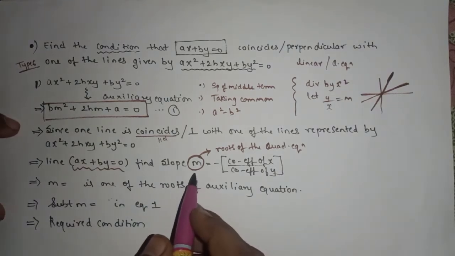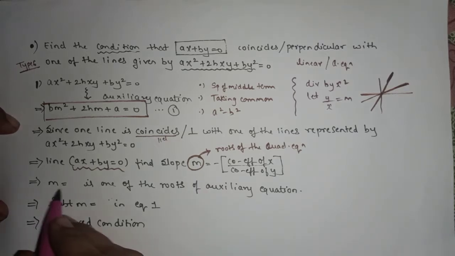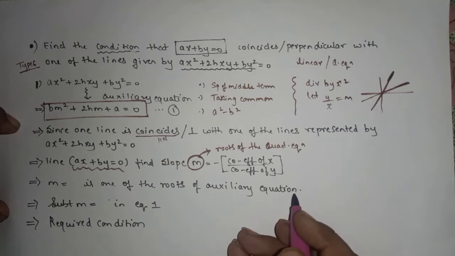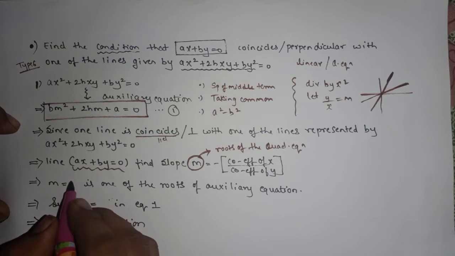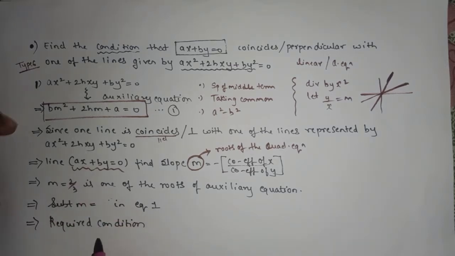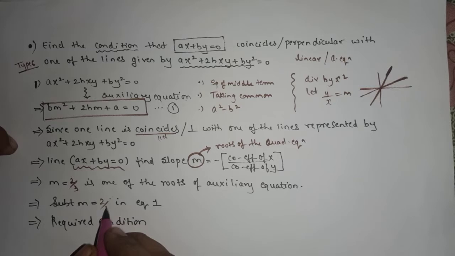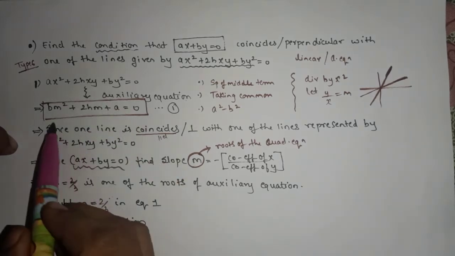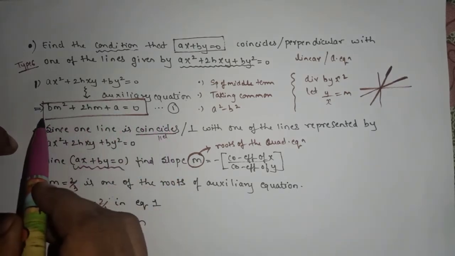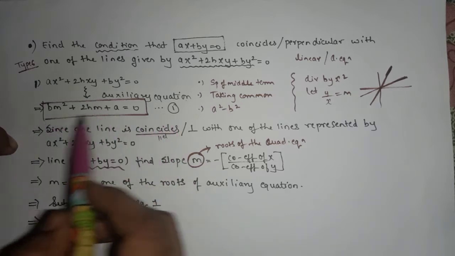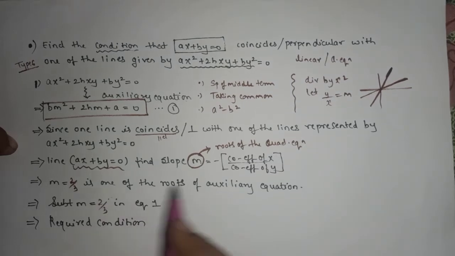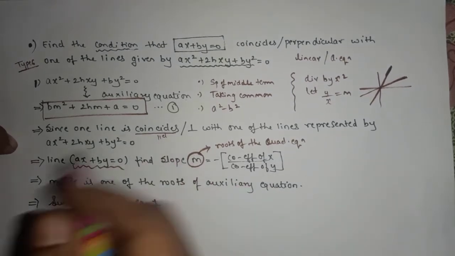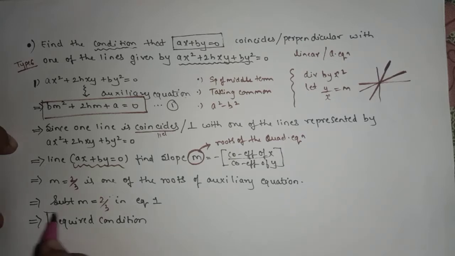After finding m, we'll consider that m as one of the roots of the auxiliary equation. Suppose here you get the answer 2 by 3, okay, so we'll substitute the value 2 by 3 in equation number 1. What is your equation number 1? That corresponding auxiliary equation. So replace the value of m by 2 by 3, solve it, you will get your required condition.